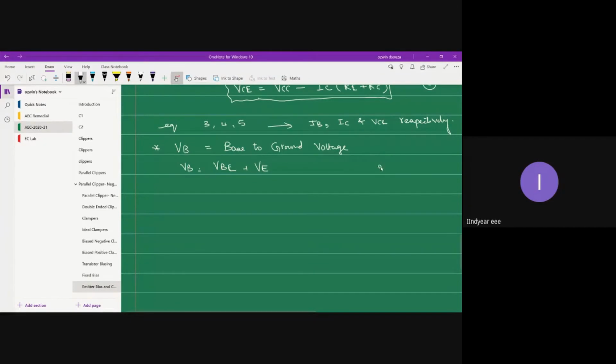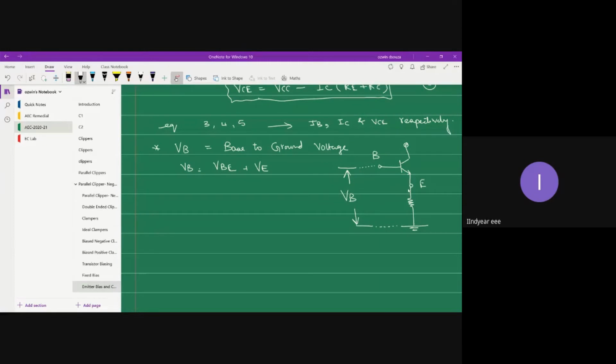Pictorially, I can show you something like this. Let me go for an exploded view to add better clarity. So this is your ground terminal and this is your emitter terminal. What we are interested in finding is this voltage, base to ground voltage.